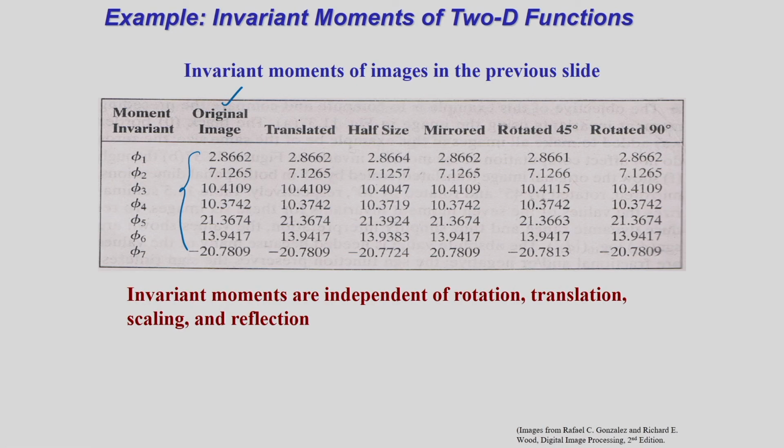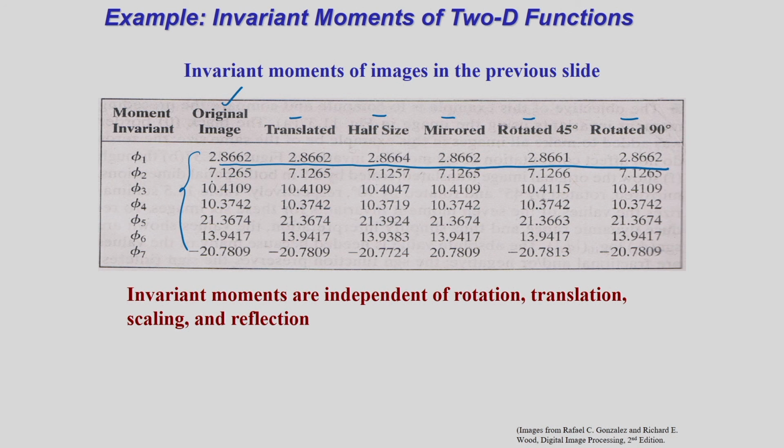And corresponding to the translated image, the scaled image, the mirrored image, and the rotated images, I can determine these values, phi 1 up to phi 7. In this case, corresponding to these rotations and all these affine transformations, you can see this value is almost the same. That is, it is invariant to affine transformation.